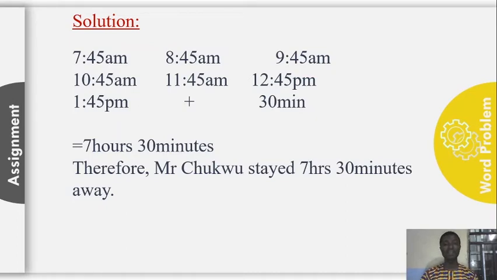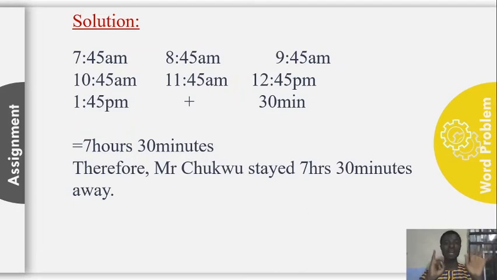At 7:45 a.m., he has spent 1 hour away. At 8:45 a.m., 2 hours away. At 9:45 a.m., 3 hours away. At 10:45 a.m., 4 hours away. At 11:45 a.m., 5 hours away. And at 12:45 p.m., he has spent 6 hours away.